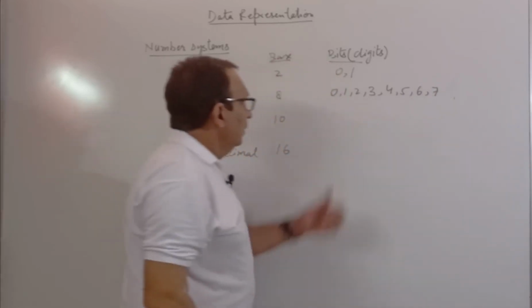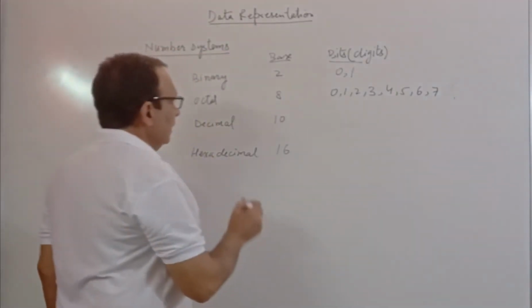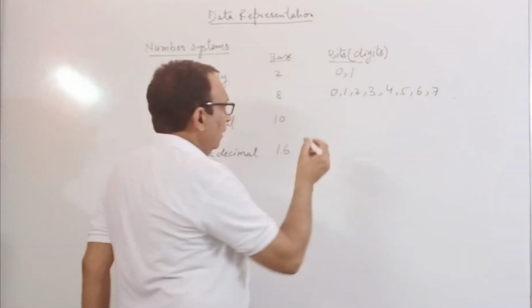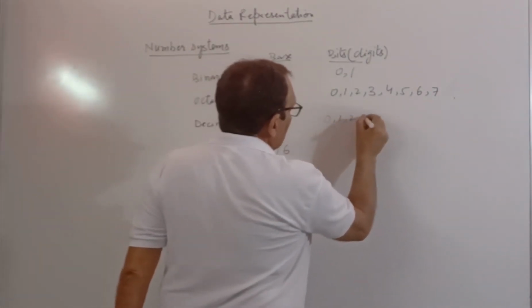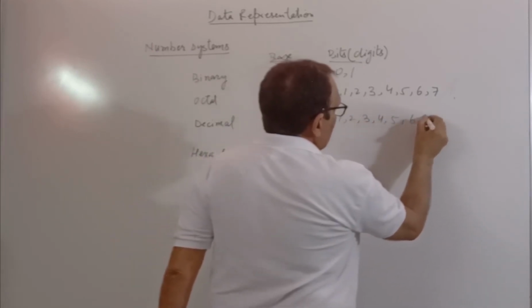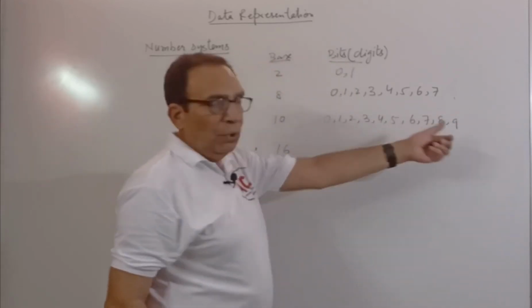If you see, there are 8 altogether. Next is the decimal system. It uses 10 digits or bits, 0, 1, 2, 3, 4, 5, 6, 7, 8 and 9. 0 to 9, they are 10.